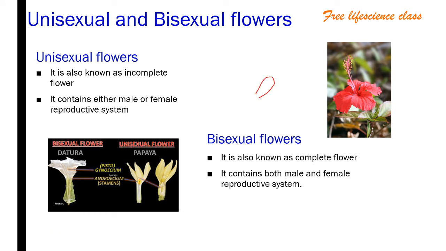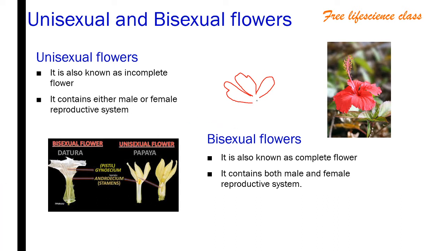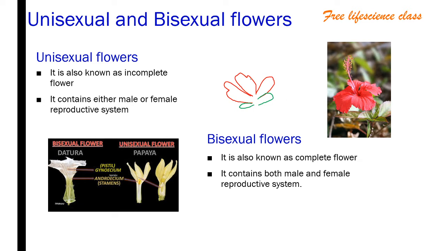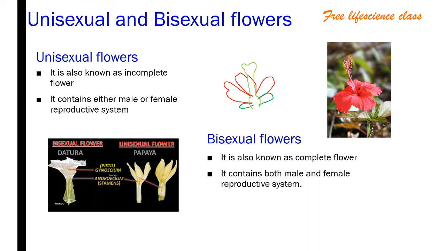So all the flowers consist of, suppose this is the petal, and these are the sepals, this is the stigma, and this is the gynoecium, the female part of the flower, and the last part is stamens.